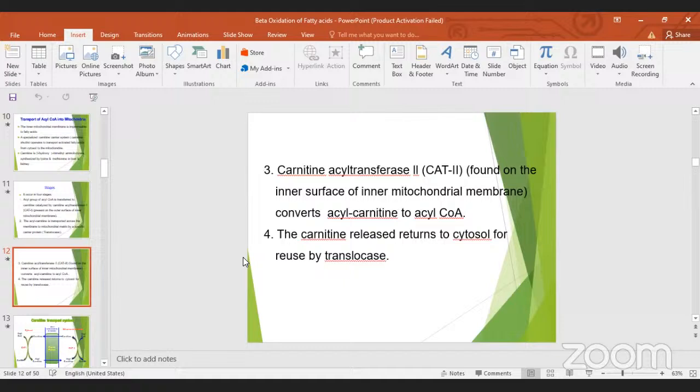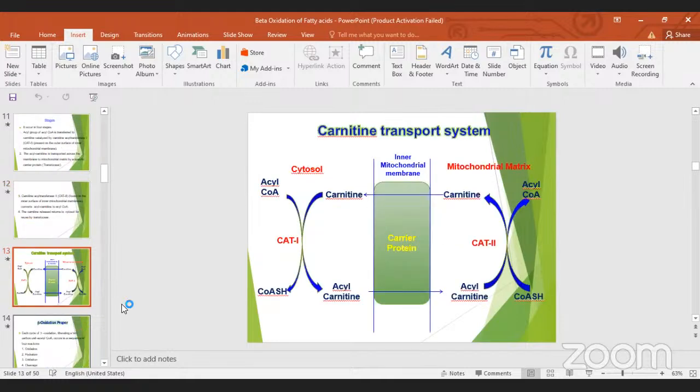The carnitine released returns to the cytosol for reuse by the translocase. See, this is the cytosol to carnitine transport system.